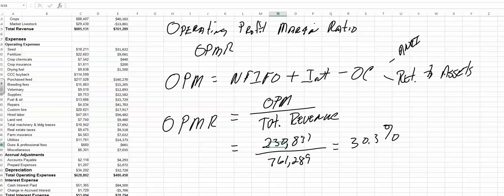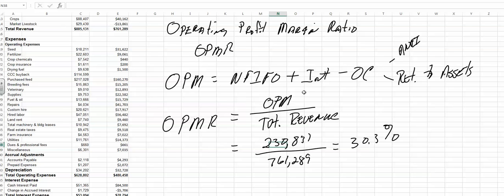Of course, the higher that percentage, the better. That simply means you've got a lower percentage of operating expenses, and your revenue is a large percent of profit without interest and with a payment for the unpaid family labor.